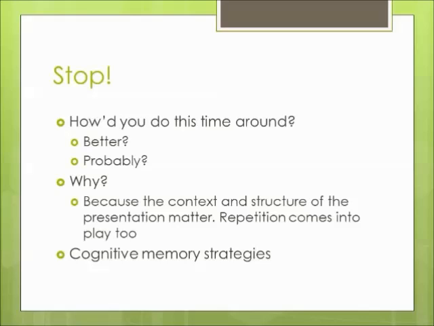Seeing it a second time is going to make a difference in many cases. So when we're designing instruction, repetition is a memory strategy that is effective. So in this case, we were able to tie in some cognitive strategies to help you recall the list there. So cognitive strategy plays a huge part in instructional design.